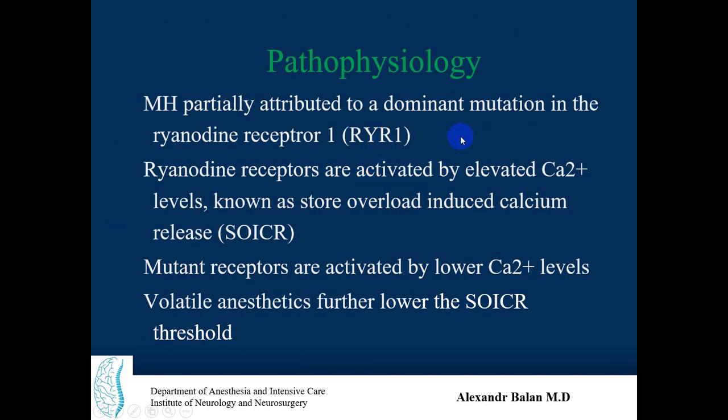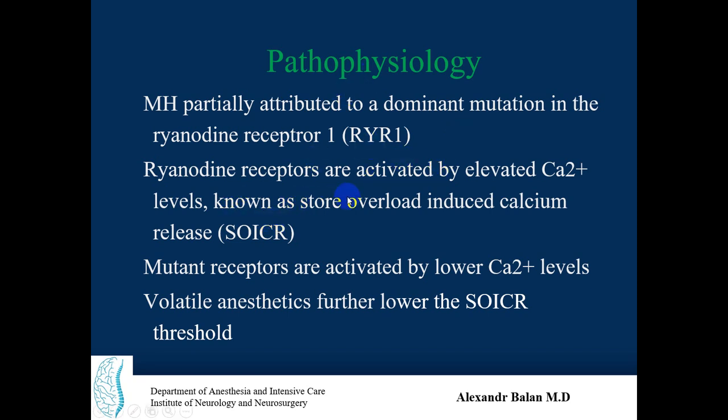Pathophysiology: of course, this occurs at ryanodine receptor 1, which is a dominant mutation, and there occurs activation of calcium release from the endoplasmic reticulum in muscles, which produces contraction, and of course some release of warmth.